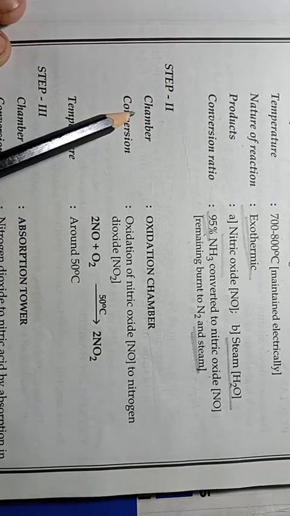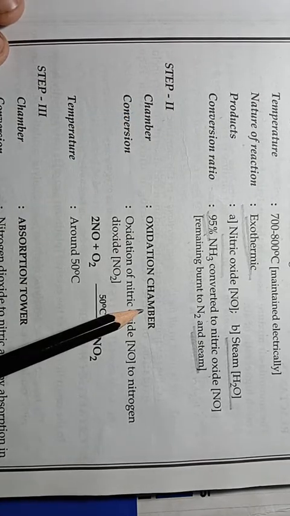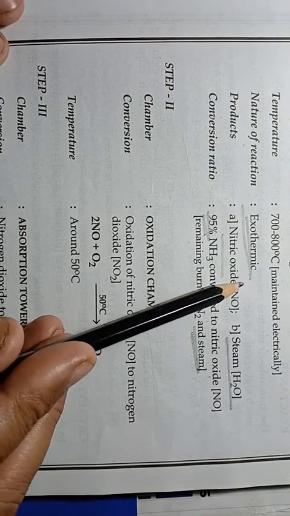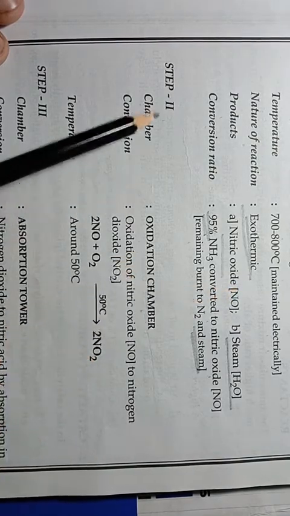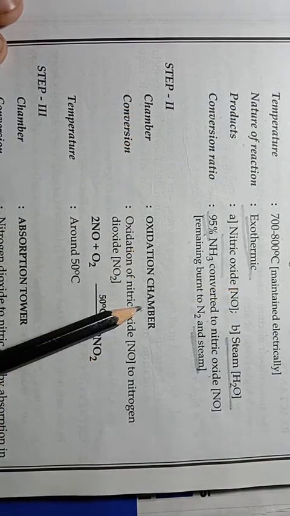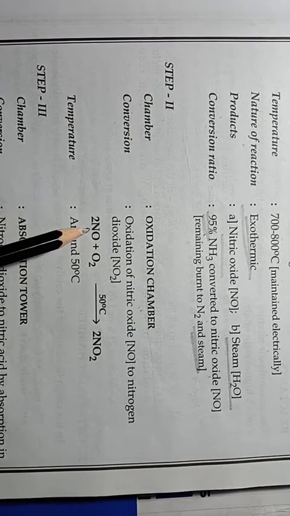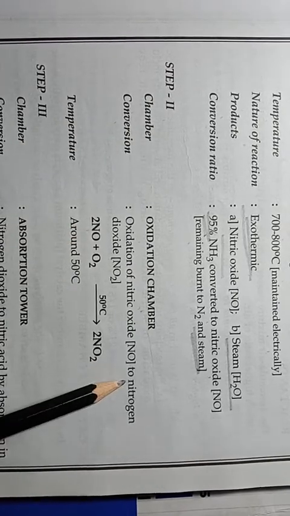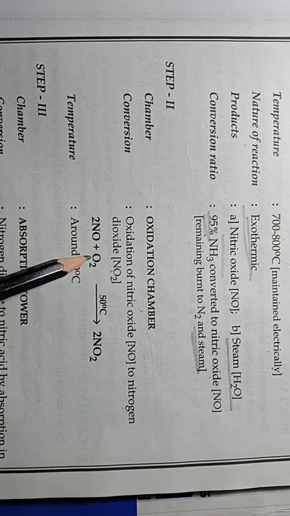Then step 2, the oxidation chamber. The nitric oxide formed in the catalytic chamber is now in the oxidation chamber. Conversion: nitric oxide to nitrogen dioxide with the help of oxygen present in air.